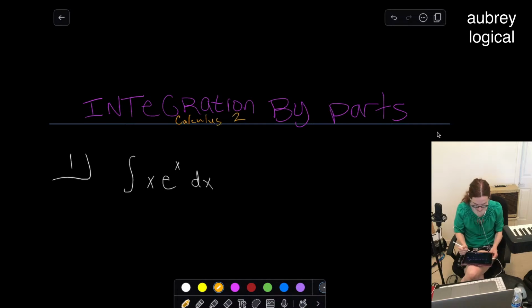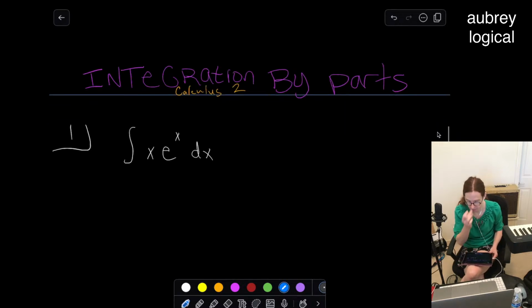Okay, so this is another technique for finding anti-derivatives.